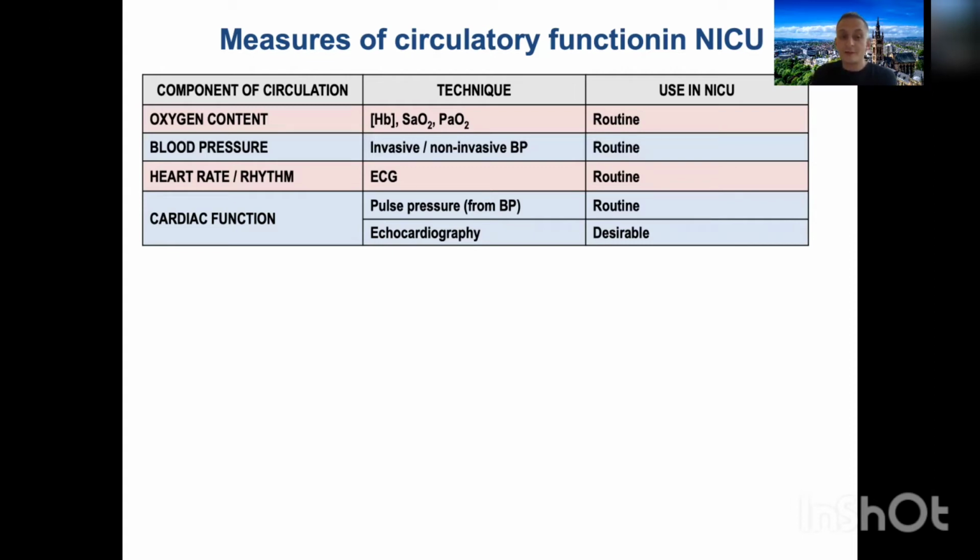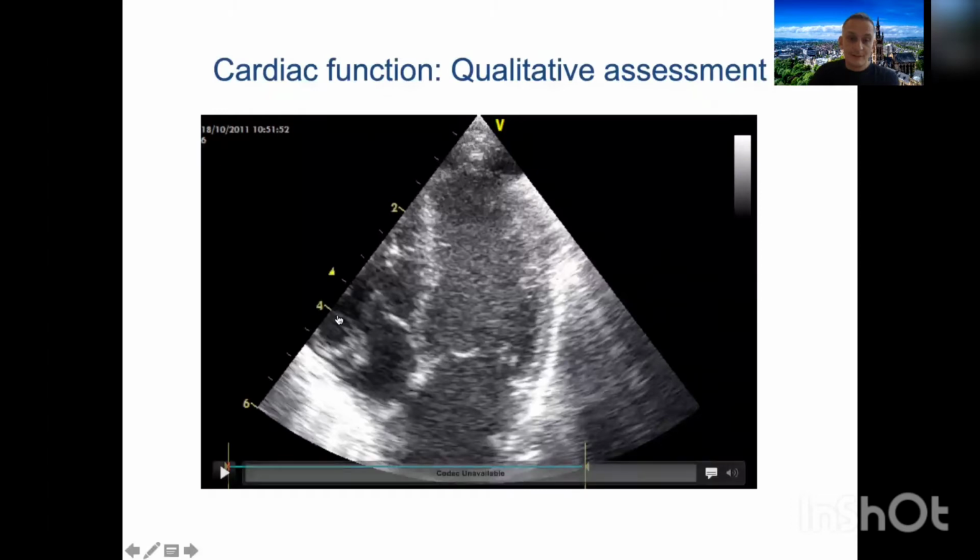Of course, another way we can assess cardiac function is by visualizing the heart using echocardiography. And that can be desirable if it's a measure that's available to you. And here you see one of the techniques that we use to assess cardiac function using just a 2D loop obtained by a 4-chamber window of the heart. It's inverted here.